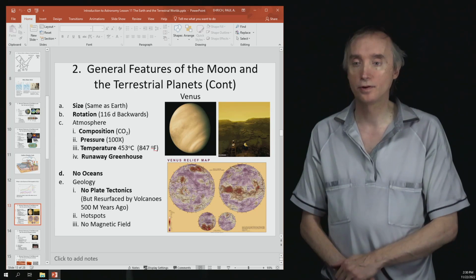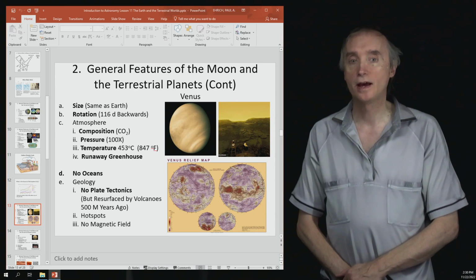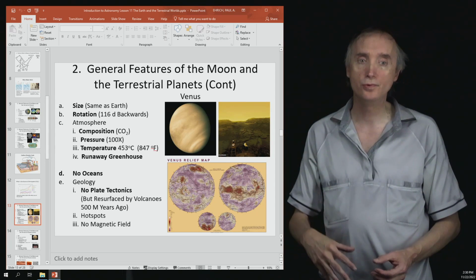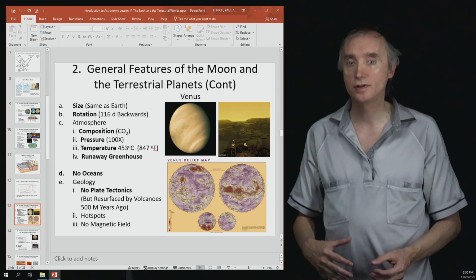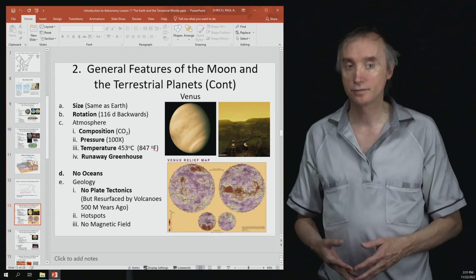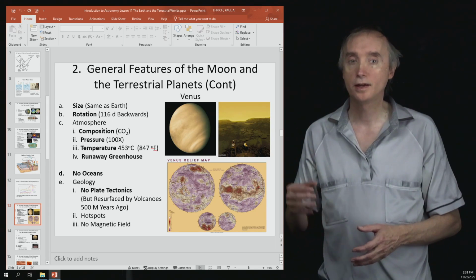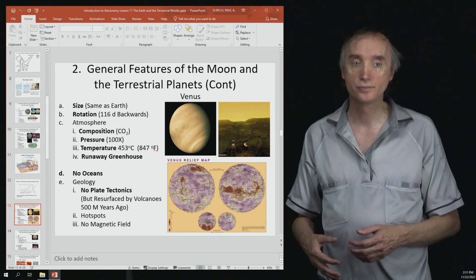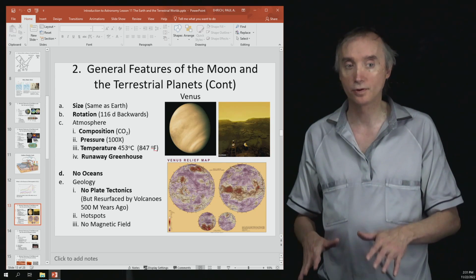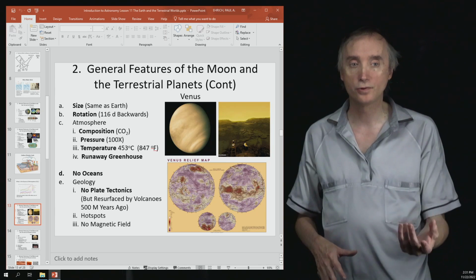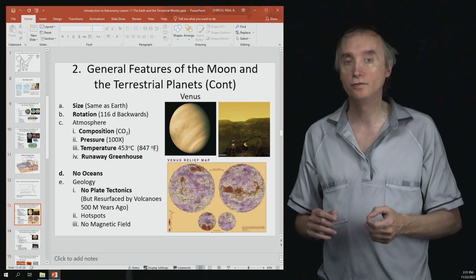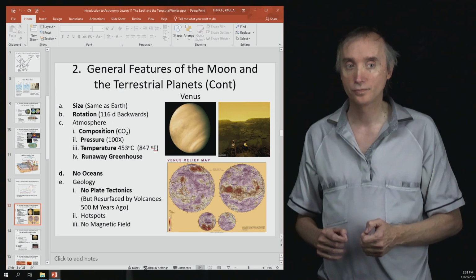So we said that the greenhouse effect is that when light from the sun comes in, it can pass through the clouds because it's in the form of visible light and ultraviolet. So those kinds of light can penetrate the clouds. But then when they penetrate the clouds, they heat up the ground, and then the ground radiates that heat up into the air in the form of infrared light.